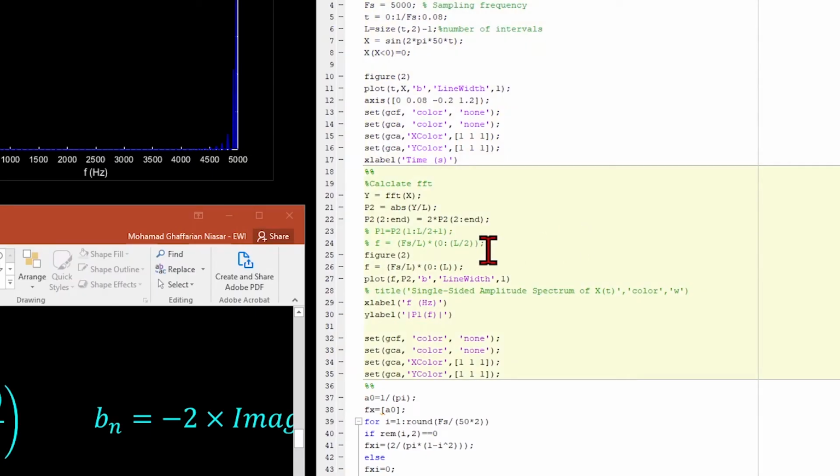So that's why usually we plot the single-sided amplitude spectrum. So I uncomment this. Here we define P1 equal to P2 from the first element till half, and the frequency is the same but until half, so until this frequency. I'm going to disable this.